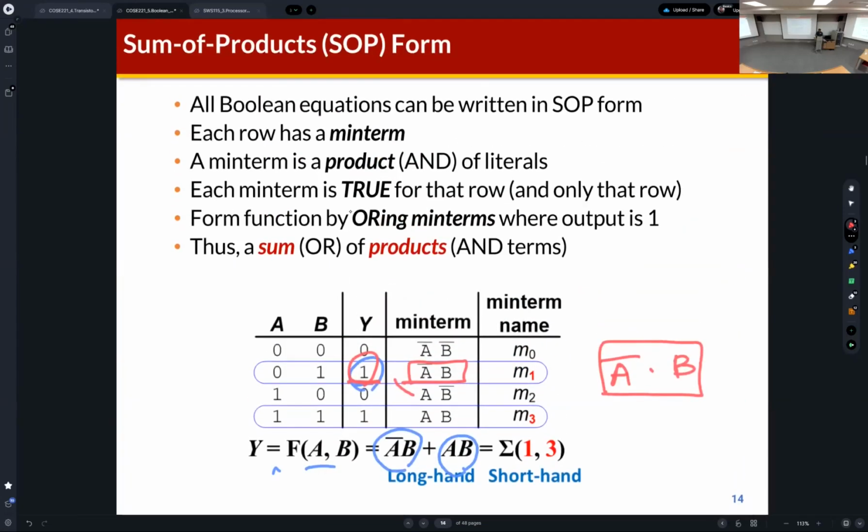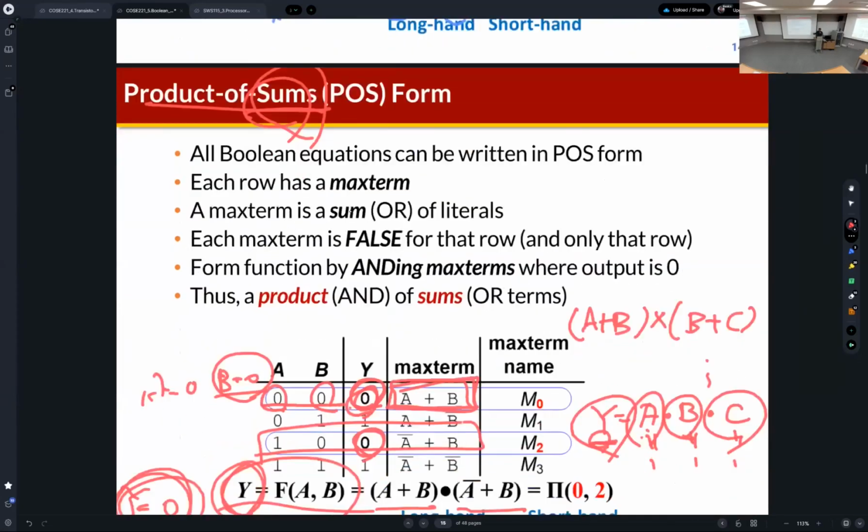So when I explained the sum of product form, in order to make y 1, this is A or B or C. So one of these terms needs to be 1, right? So it's the same, right? Actually the same.